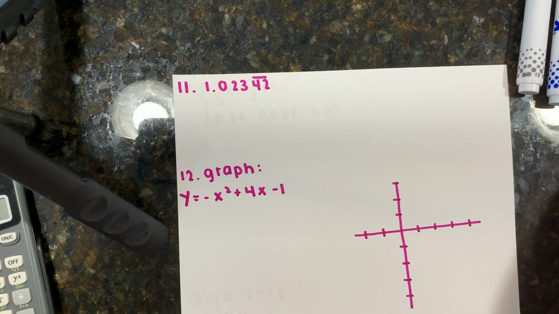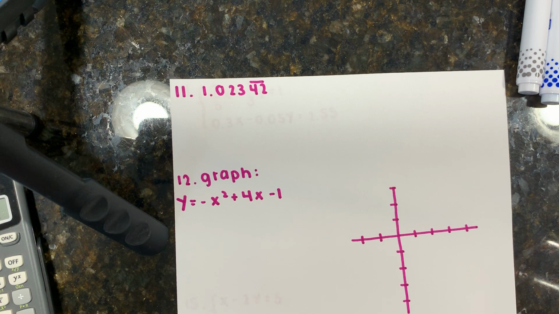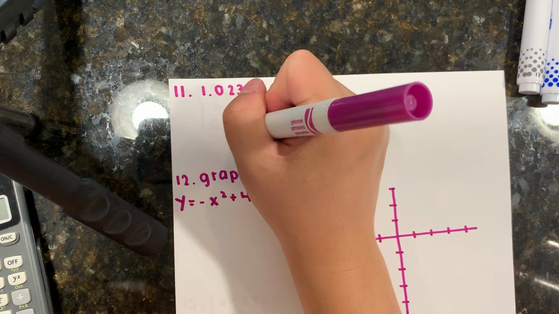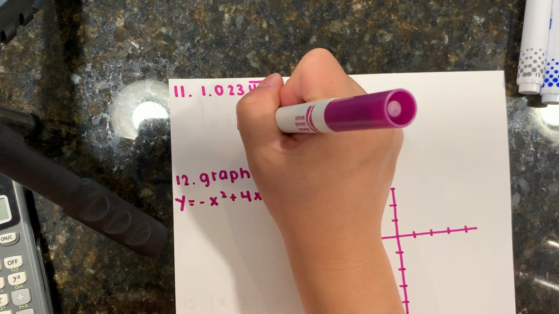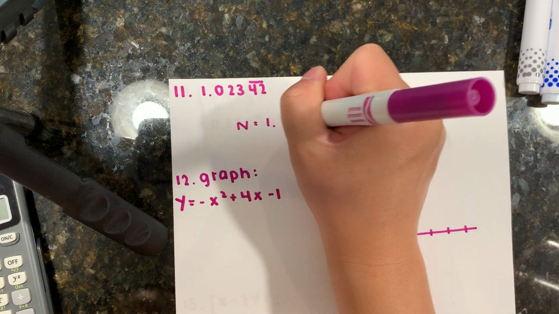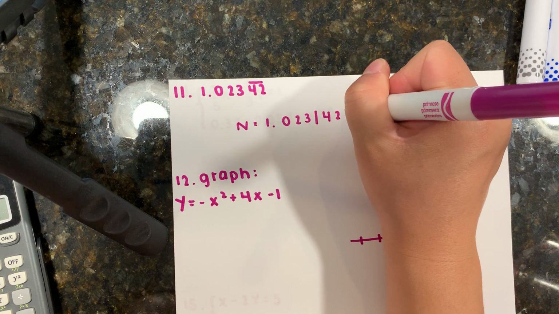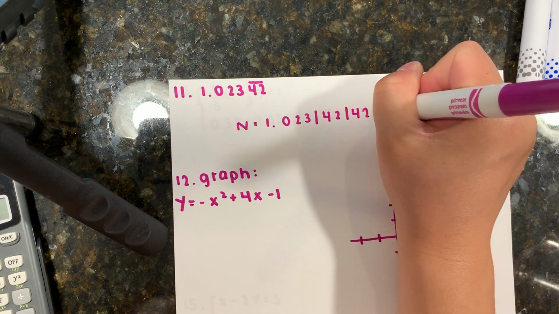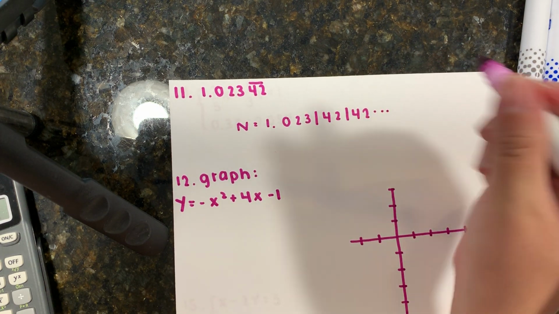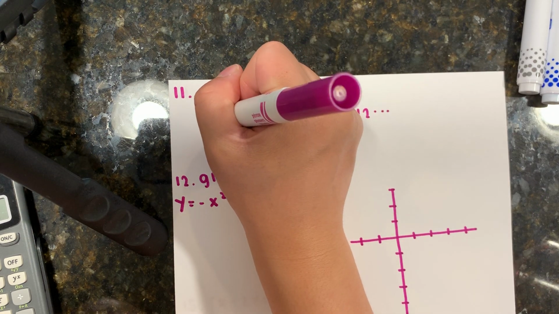Now moving on to number 10. I'm going to set N equal to this number with my repeating decimal. Since there are only 2 repeating digits, I just need to multiply this by 100.